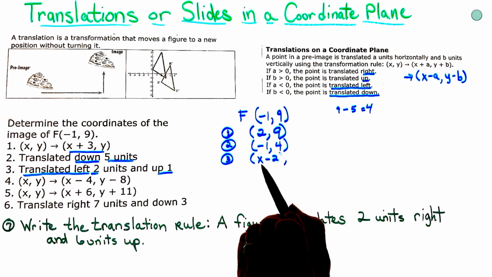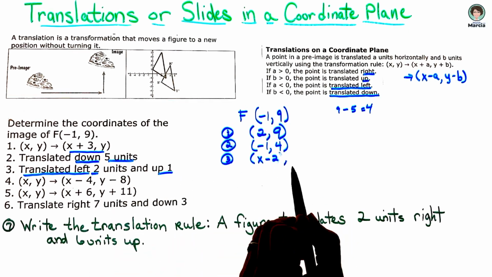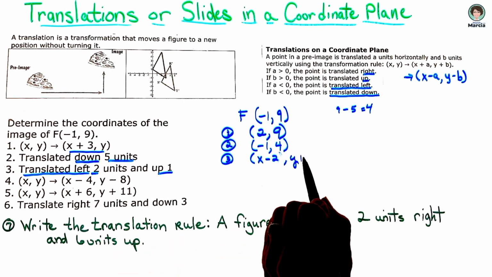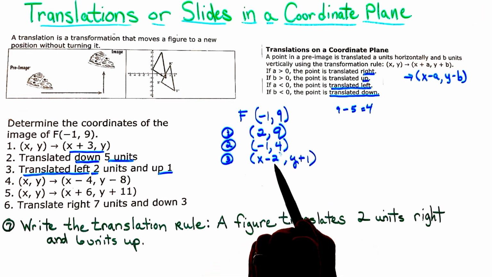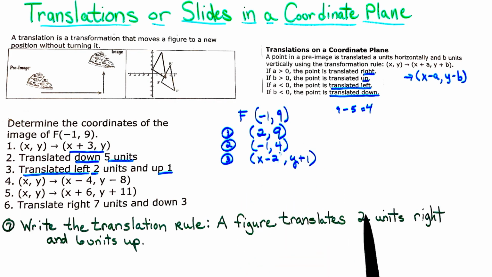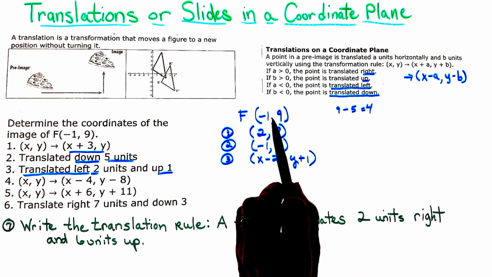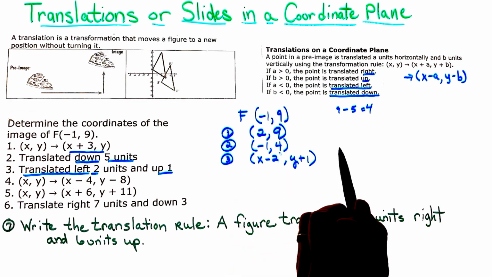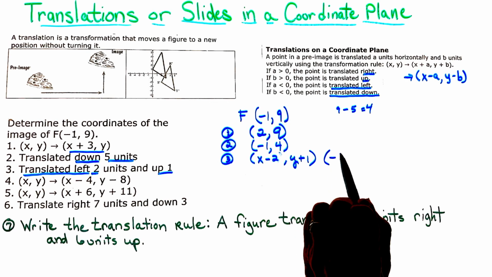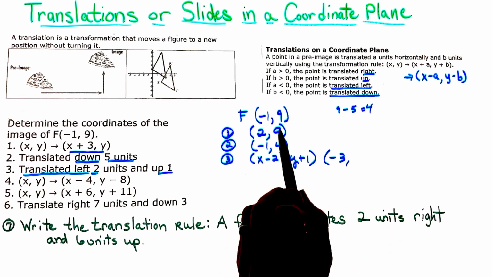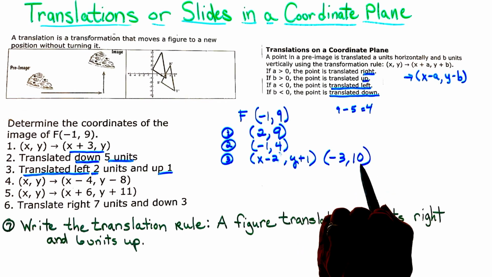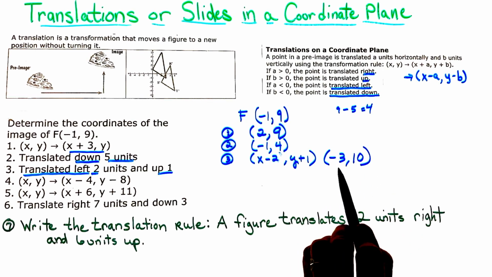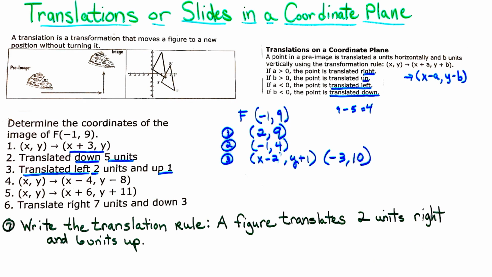And for our y, if it goes up 1, it would be y plus 1. Okay, so now let's take this rule and apply it to what we have. -1 minus 2 we will have -3. And 9 plus 1 is 10. So this is our new point.